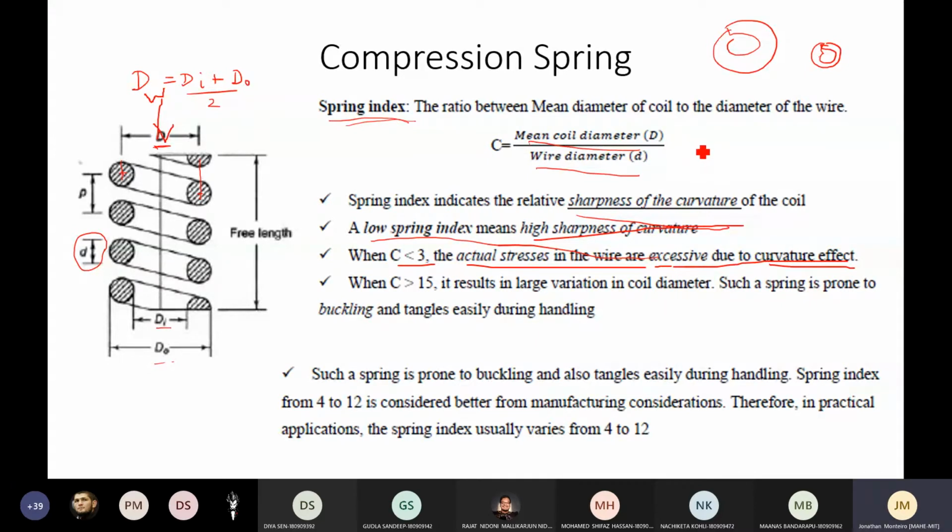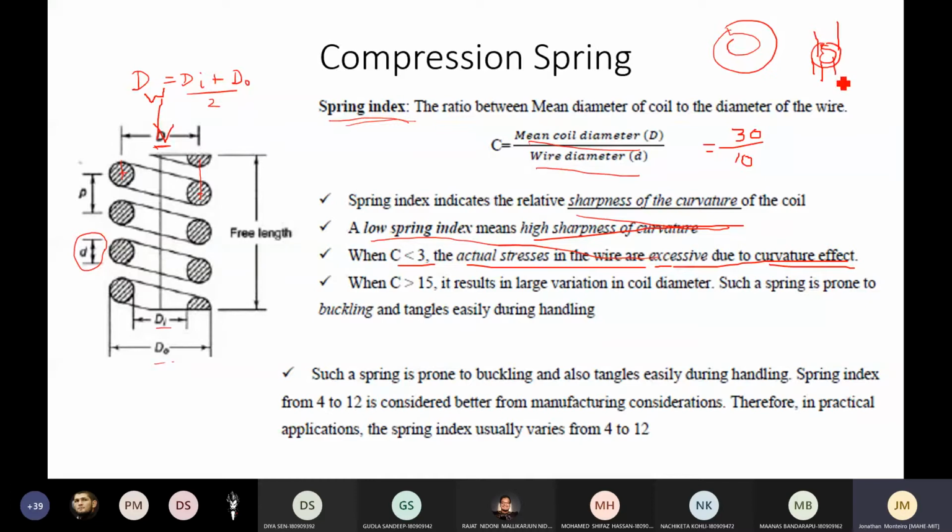Okay. So suppose I'll give an example. Say just take C is equal to 3. If the wire diameter is 10, then the coil diameter should be 30. Then what will be the gap remaining here? So 10 is the wire diameter we are talking about, and entirely here the coil diameter is 30.